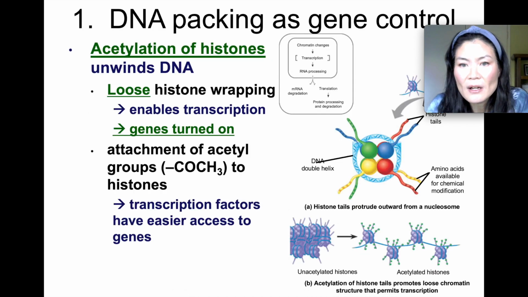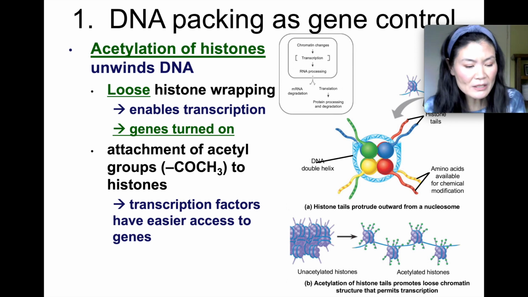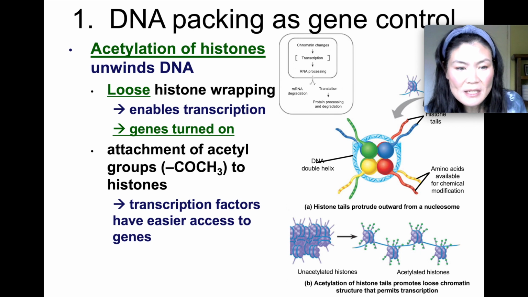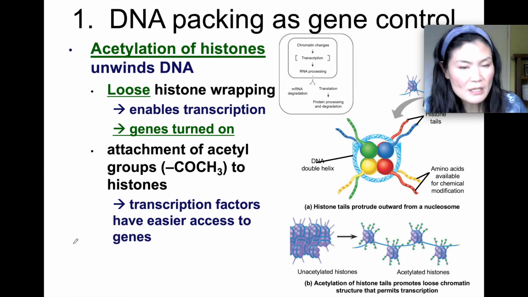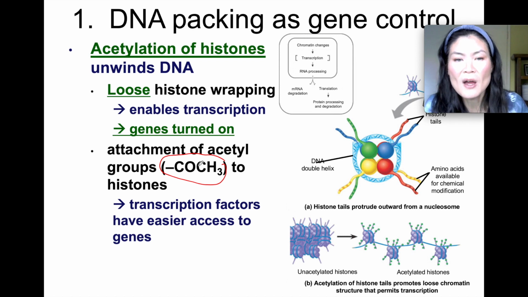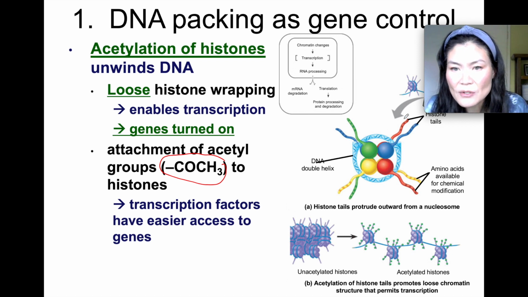And then also the histone proteins. The histone proteins can be acetylated, okay? The acetyl group, let me grab my pen. Okay, this is the acetyl group. It is COCH3, so carbon, oxygen, and then a methyl group. When this functional group is attached to the histone, so you can see here, these are the histone tails with the acetylation, then it causes the chromatin to be loosely coiled.